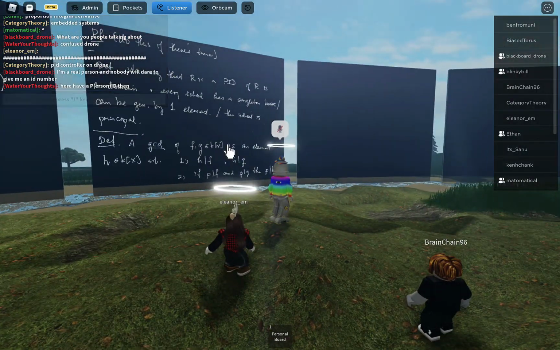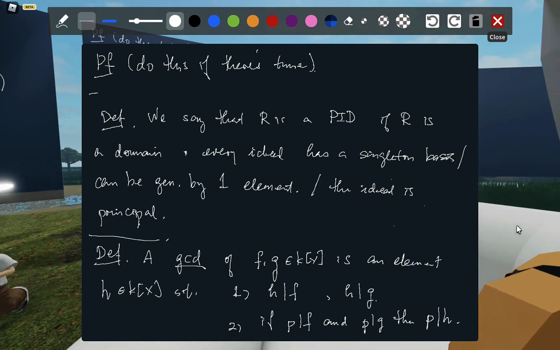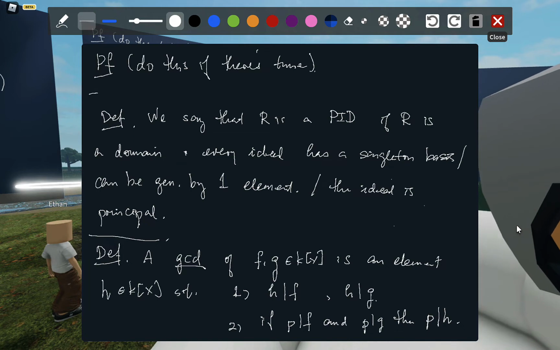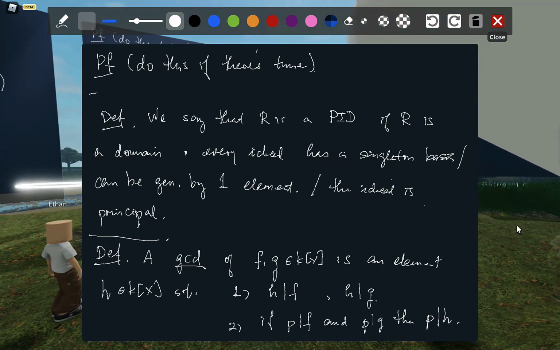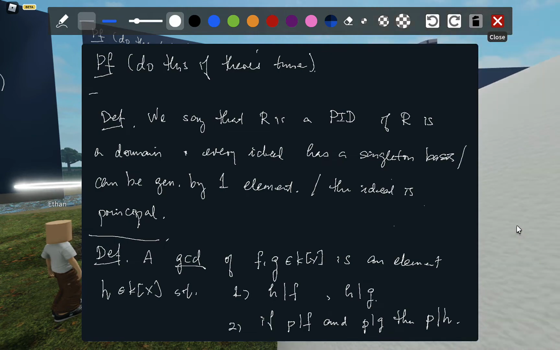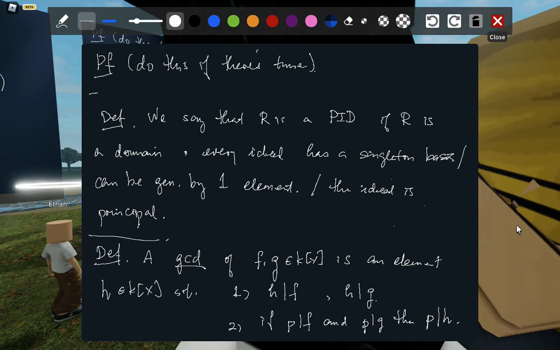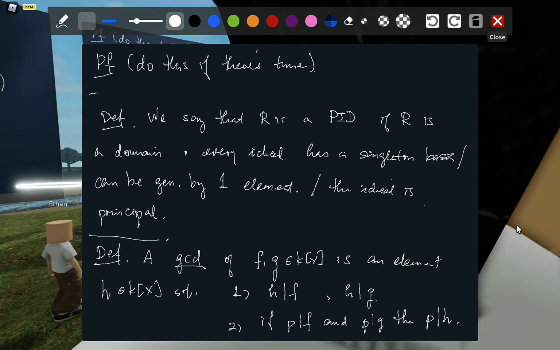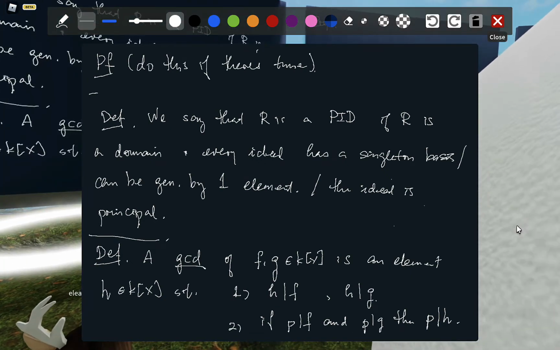Okay, so I think I have time to write down the Euclidean algorithm, and we'll see how we go with the proof. But at least the statement is fine. So the proposition: we defined the GCD, the greatest common divisor of any two polynomials, and we want a way to compute this GCD, and this is the way to do it.